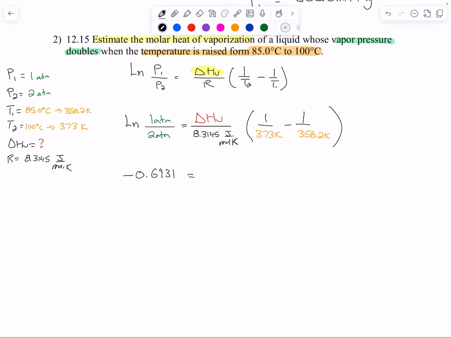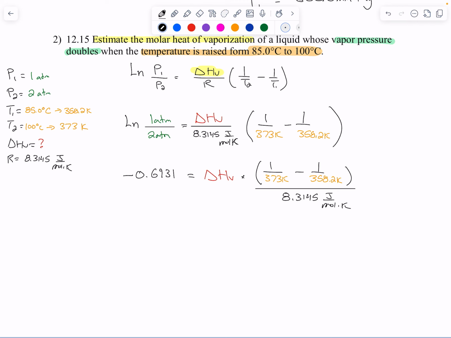Now, I'm going to write this out. Delta HV multiplied by 1 over 373 K minus 1 over 358.2 K, divided by R. All right, do you see what I did there?